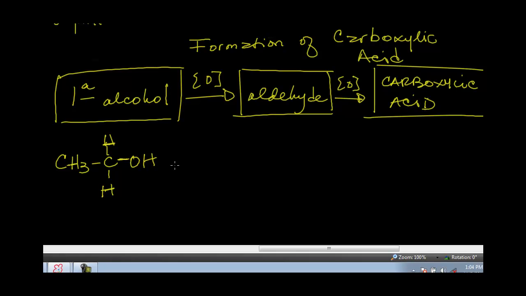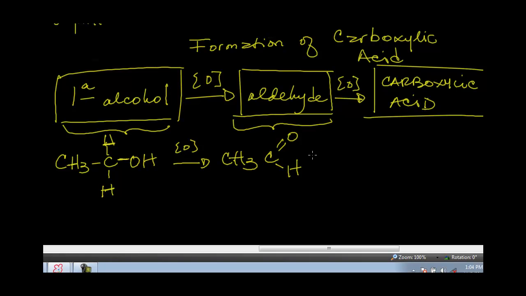And when we oxidize that, we produced an aldehyde. And what was that? CH3. So this is a good review for our test coming up next week. That's an aldehyde. That's the primary alcohol.